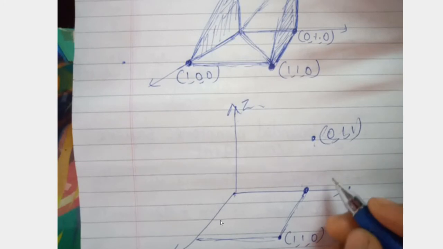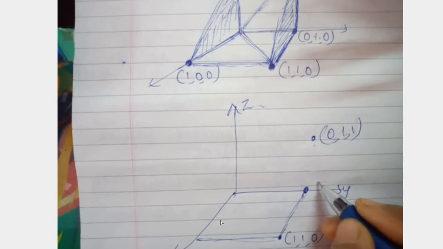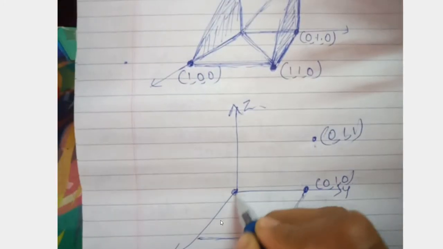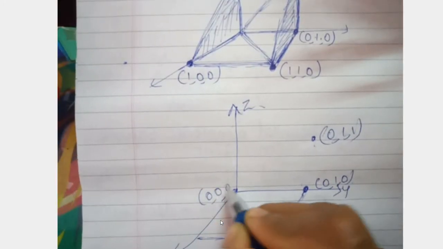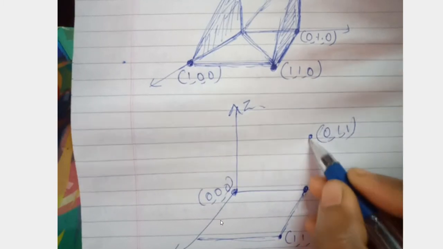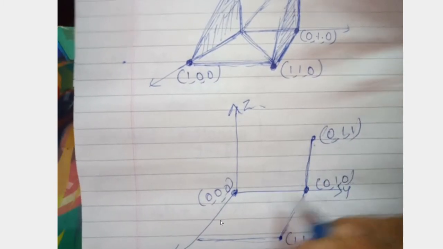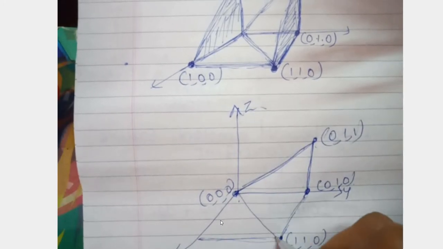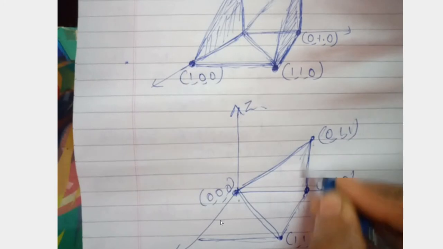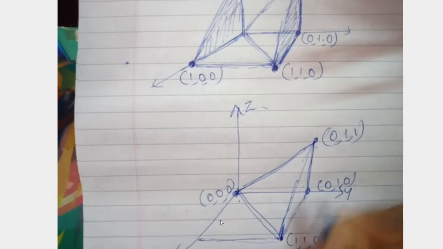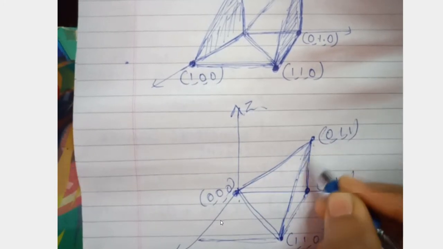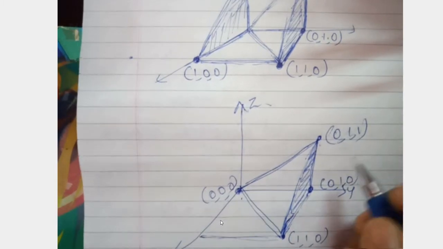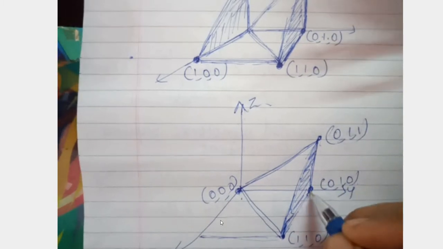This is the point 0, 1, 0. And this is the point 0, 0, 0. So these are the points of the tetrahedron. So this is our tetrahedron.